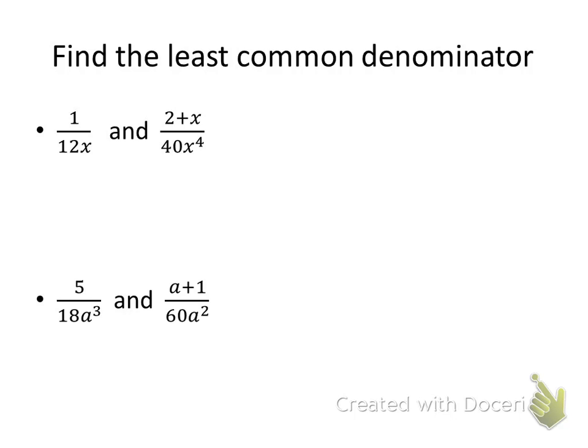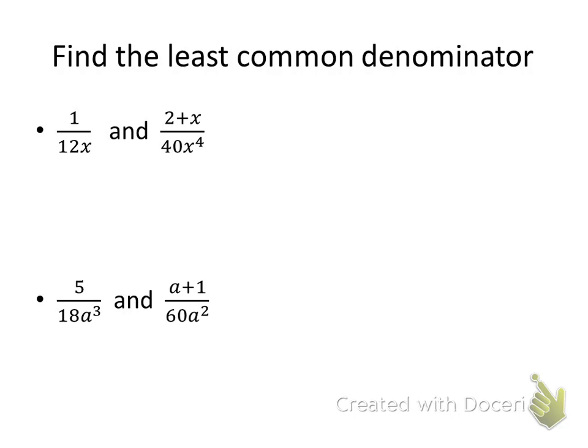Then to find the greatest common factor, we just brought down the ones that they had in common. But with the denominator, it's a little bit different. We do still have least common denominator, but we're going to need a number that they both can go into. So it's not necessarily going to be their factor. It's going to be a number that they both can go into.